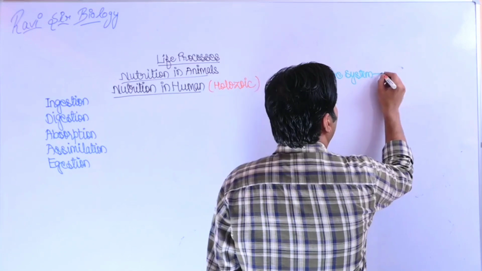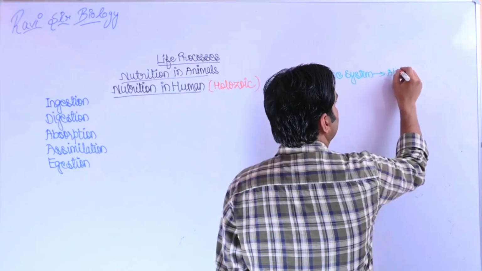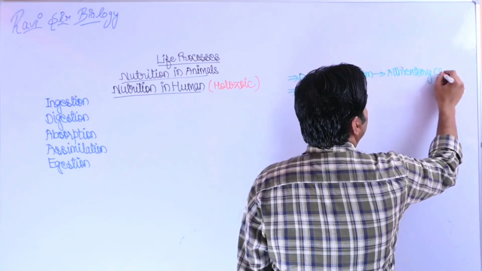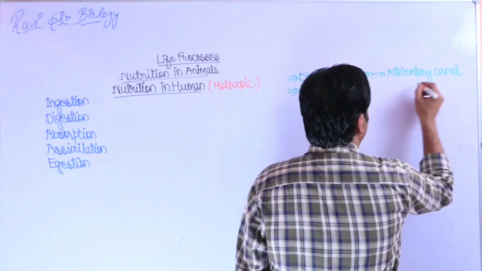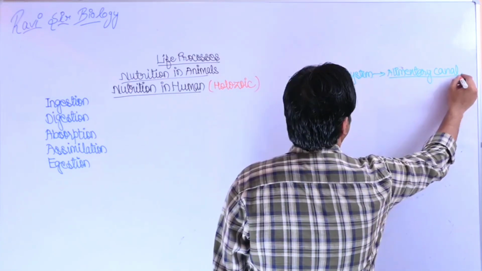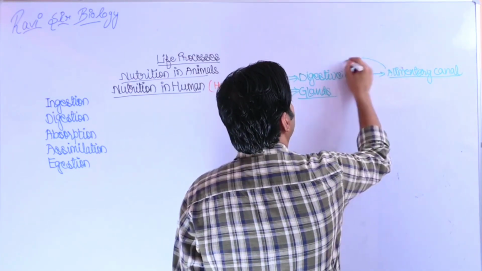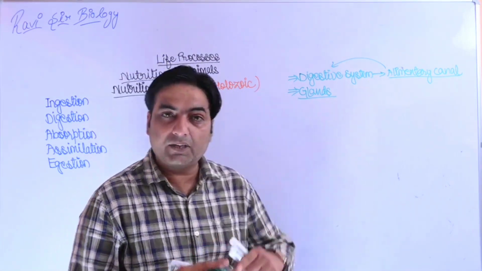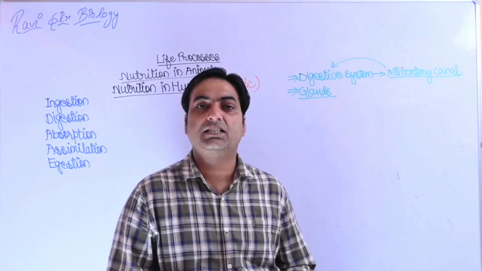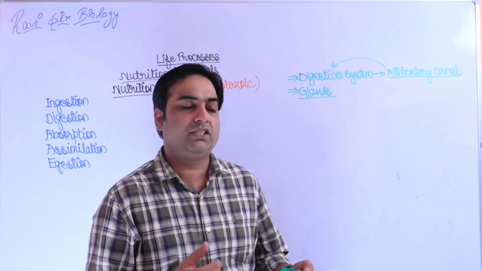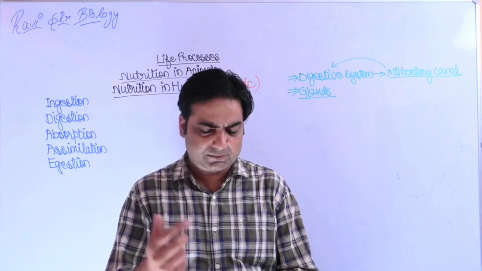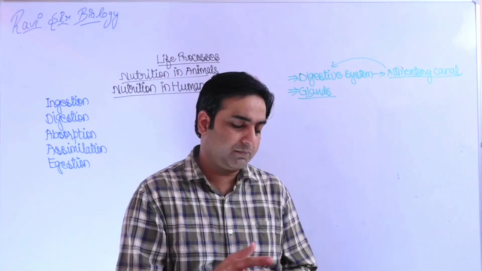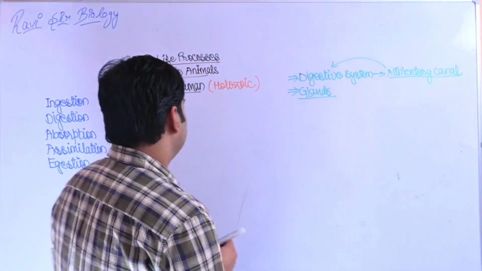The digestive system will have the alimentary canal, of course, and the digestive glands. Aggregately we call these the digestive system in human beings. So we have to study the alimentary canal plus its glands, and this complete system is called the digestive system. So how it is made up, what is the structure and what is the process, let me draw with the help of a diagram.